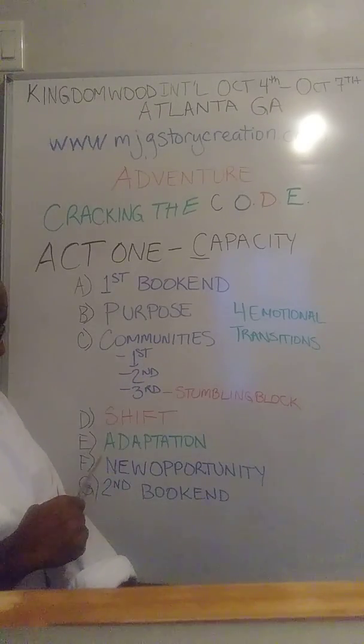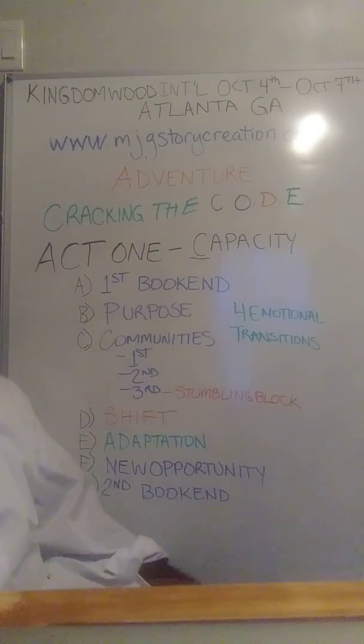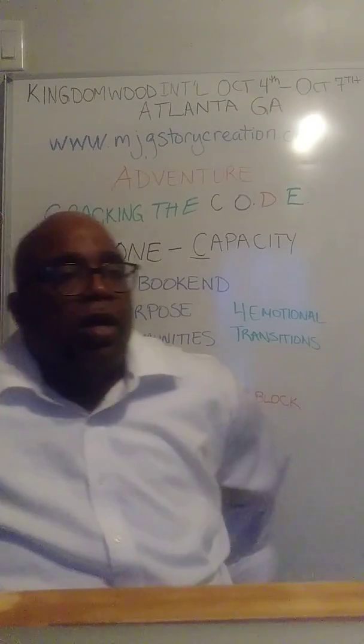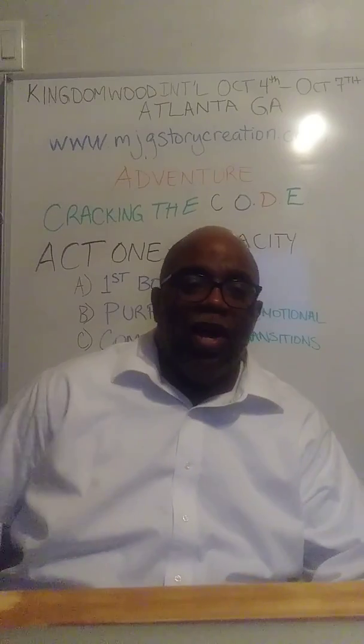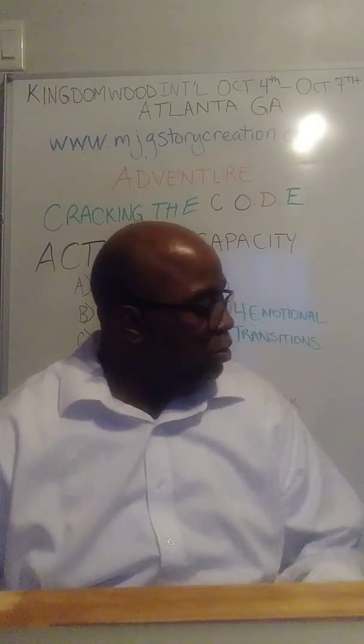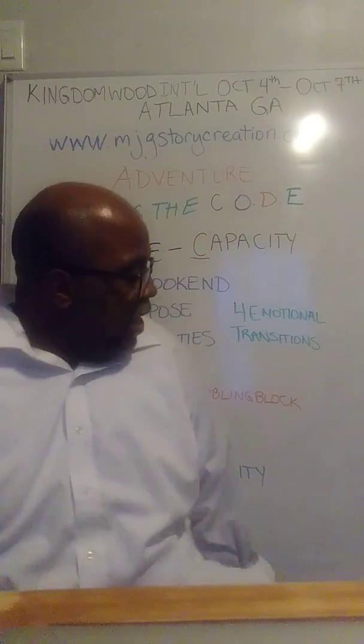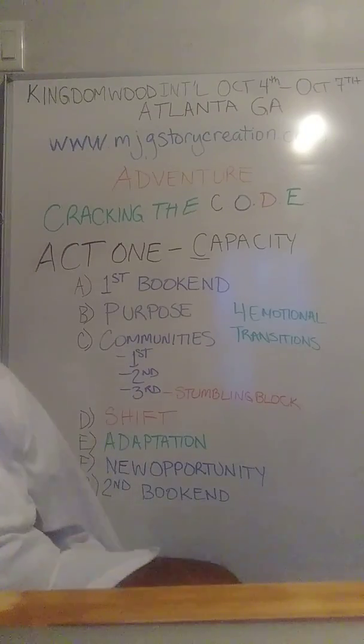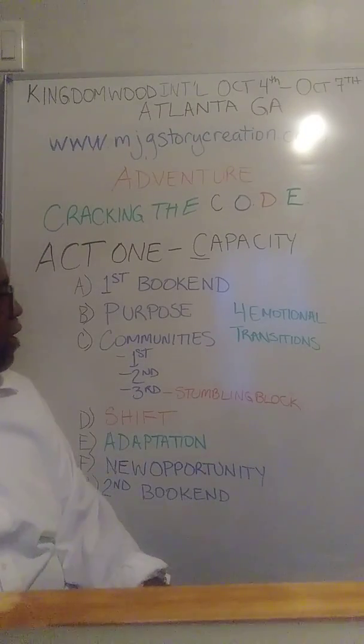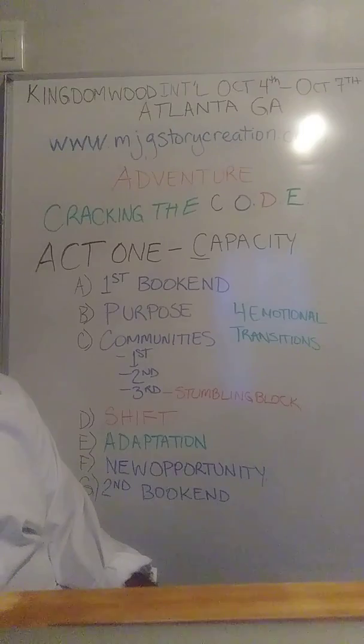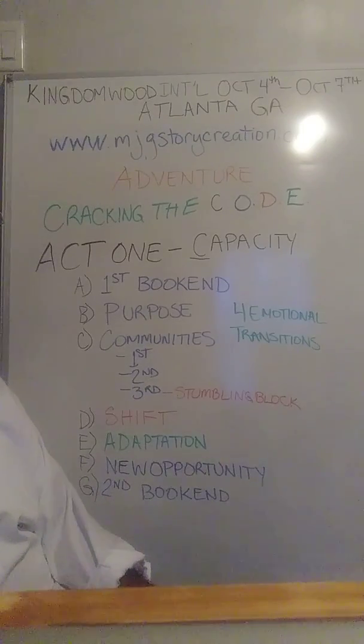So when I think about The Wizard of Oz, with Dorothy, she runs into a situation because we know that the purpose and the expectation is there's no place like home. Home is where the heart is.